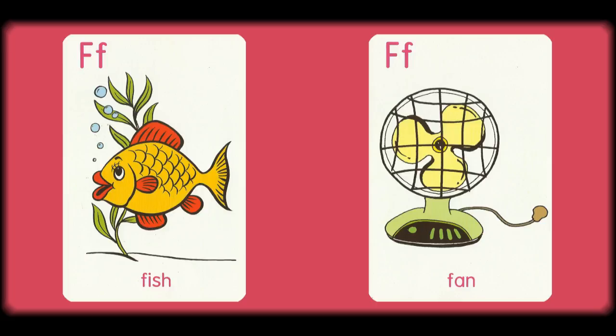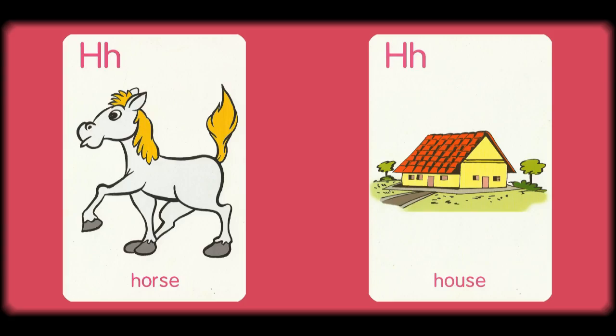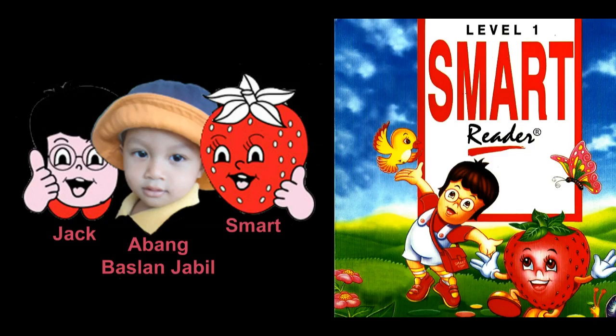F for fish and F for fan. G, g, as in girl and glass. G, g, girl. G, g, glass. H, h, as in horse and house. H, h, horse. H, h, house. Excellent! Let's hear the children say it louder and clearer.